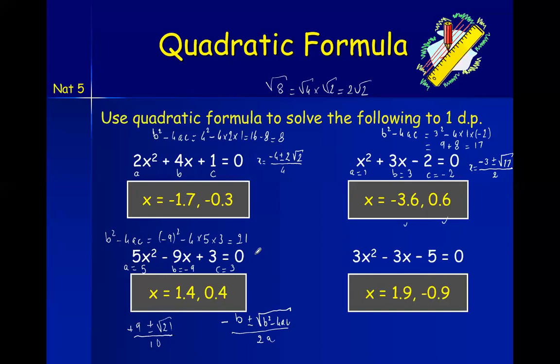So try again, do it a few times. If they ask you to give answers, that means there are answers there. Whereas if you type the root of a negative number in your calculator, it shouldn't work. It should come up with an error.